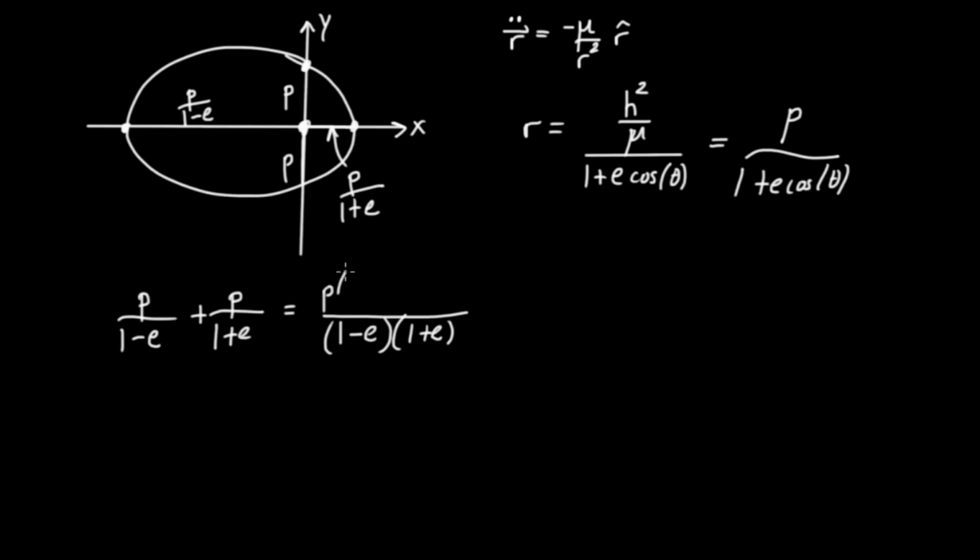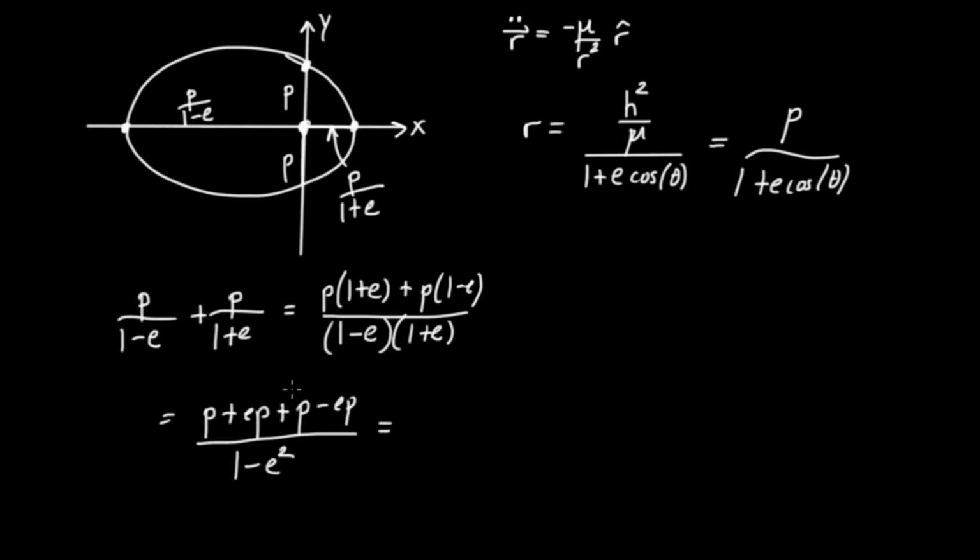Then the numerator is going to be p times 1 plus e plus p times 1 minus e. Distributing the numerator, we get p plus ep plus p minus ep. Then downstairs, we get 1 minus e squared. Notice that the ep and minus ep cancel. So what we get is 2p over 1 minus e squared. So that's the distance from here to here, the major axis.